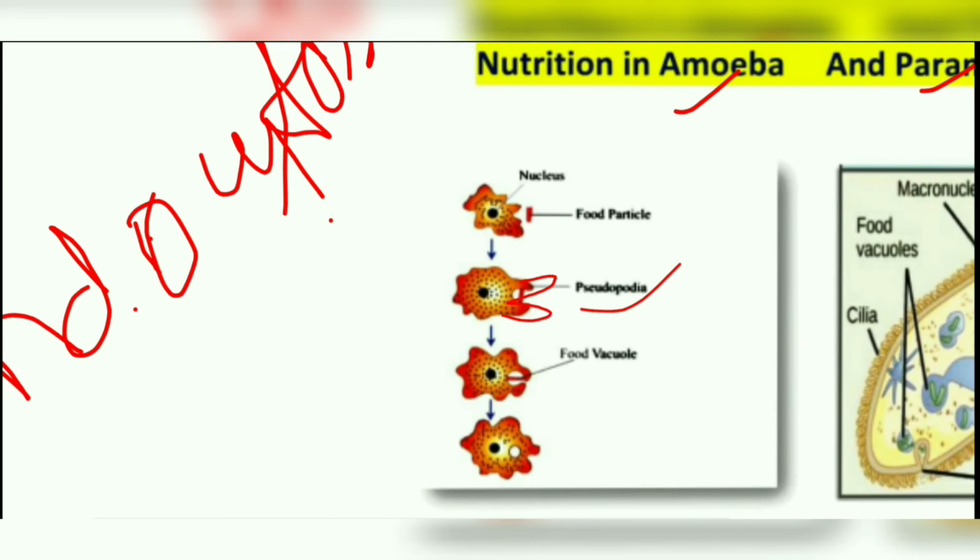Invagination of the plasma membrane creates a food vacuole.